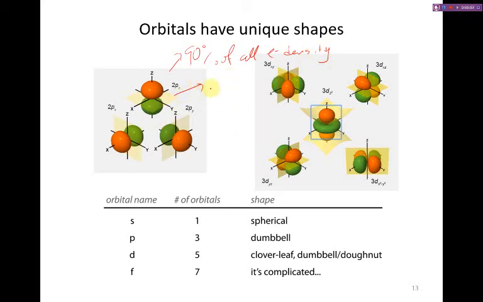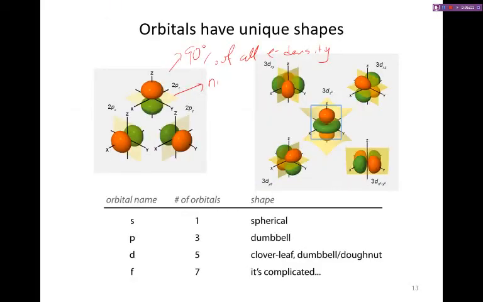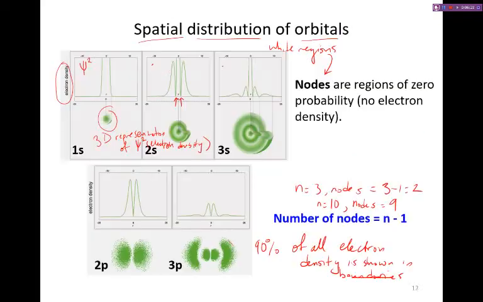These planes represent the nodes. And we can have planar nodes or conical nodes. And then within, if we go back and look, these are called radial nodes. That's because they're out at a certain radius from the center.